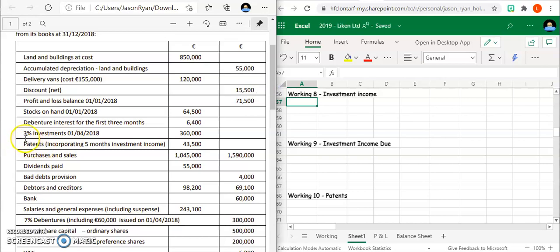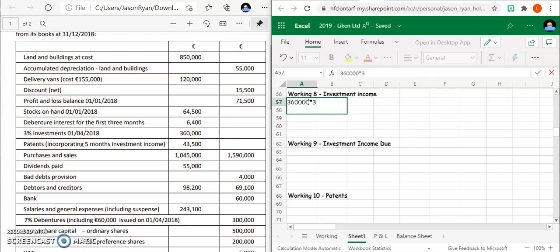So our investments are 3%, 360,000, but we started this in the 4th month. 4th, 5th, 6th, 7th, 8th, 9th, 10th, 11, 12. So it's 9 12ths. So 360,000, we're going to multiply that by 3%, but we only have it for 9 12ths.